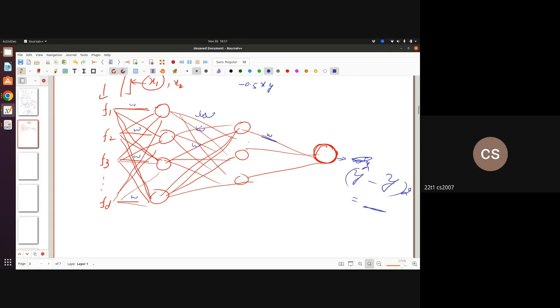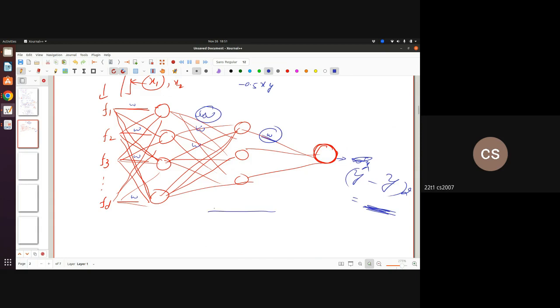Now how much you should change and which weight you should change is decided by the back propagation algorithm, where what we keep track of is how much change in this quantity happens if we make some change in this weight, and so on. That's what we keep track of. Based on that, we update the weights.